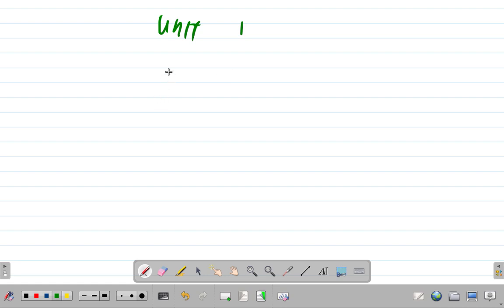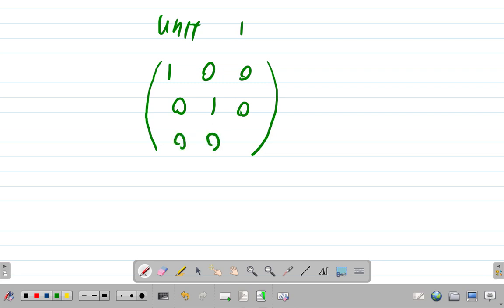You unite, so it's one. It is a diagonal matrix, but here, let's look at the example. 1, 0, 0, 0, 1, 0, 0, 0, 1. So, you see, the elements in the leading diagonal are all 1. All other elements are 0. So that is the unit matrix.